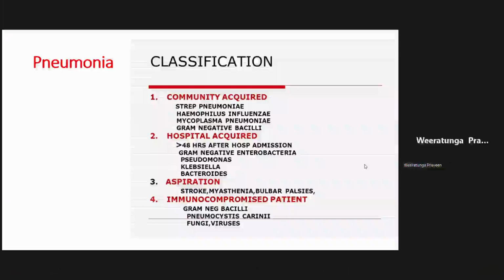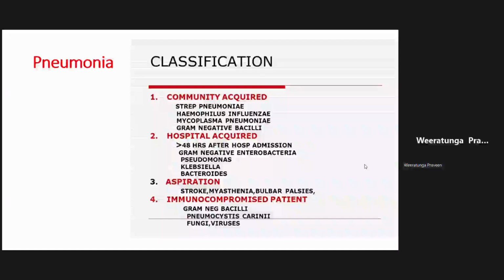And this is just a quick revision of the concepts in pneumonia. Now, as you all know, pneumonia is classified on a clinical basis. And this clinical classification is based on the setting in which the pneumonia occurs. As you can see, there are 4 main types of pneumonia.